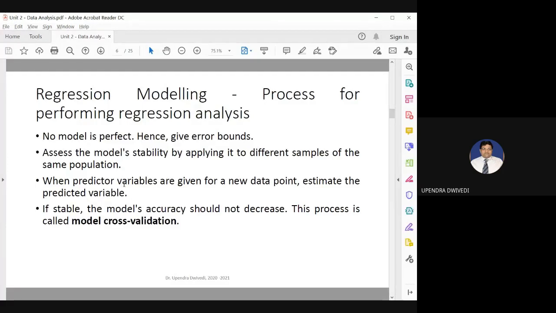When predictor variables are given for a new data point, estimate the predicted variable. Now you have compiled your model, you have validated your model from various house data. So we want to check that model for a new data point. Suppose you have taken house expenses parameters from a new house, and you want to estimate the predicted variable.